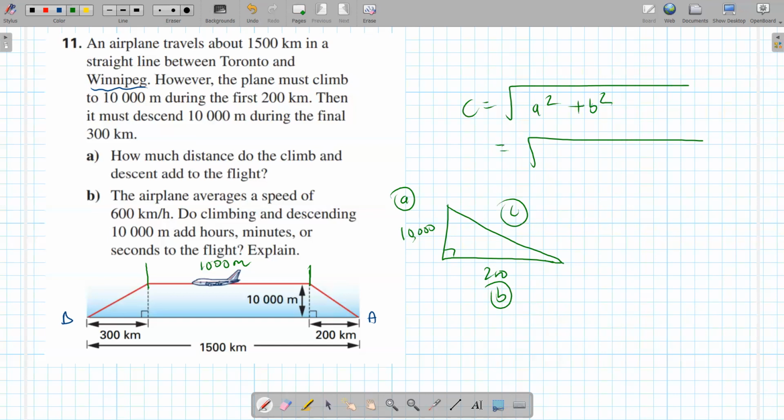So you're just doing the square root of 10,000 squared plus 200 squared. On a calculator, you just do square root, bracket open, 10,000 squared plus 200 squared, bracket close.